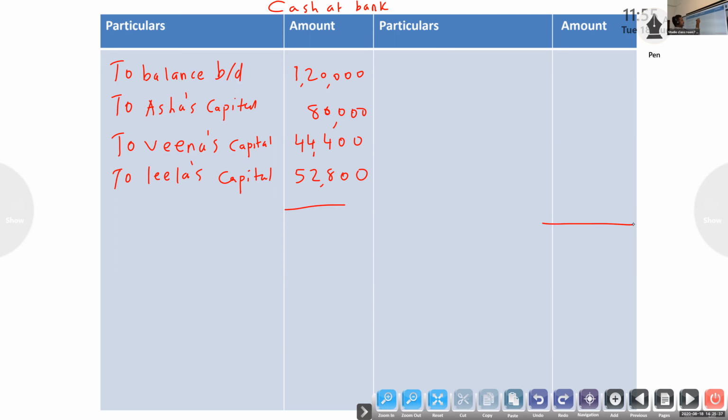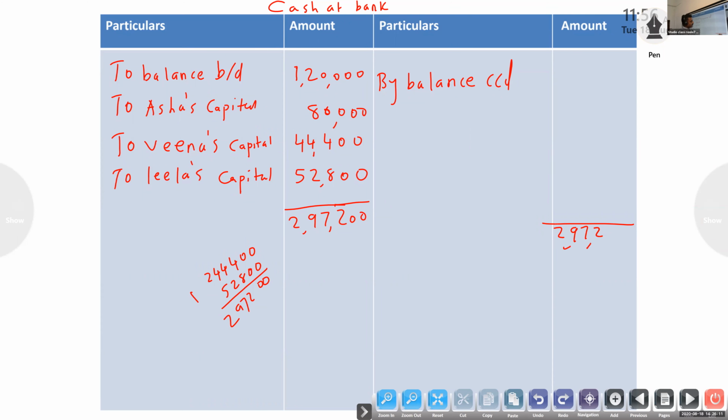Over, this will be the by balance c/d. So total 2,44,400, 2,97,200.